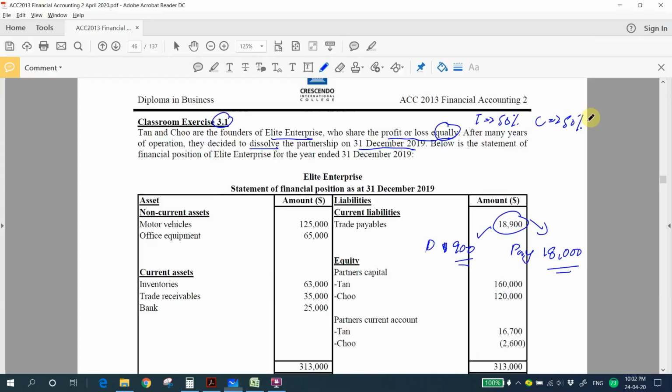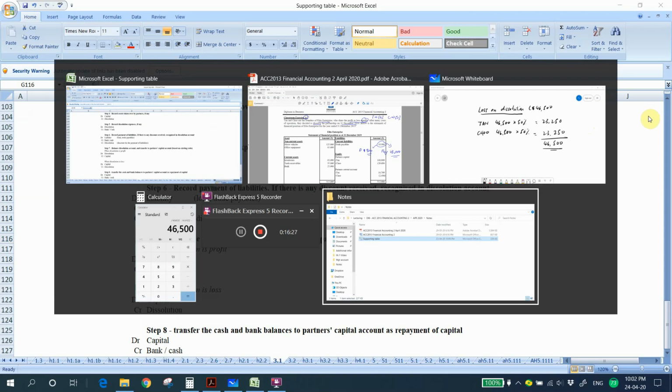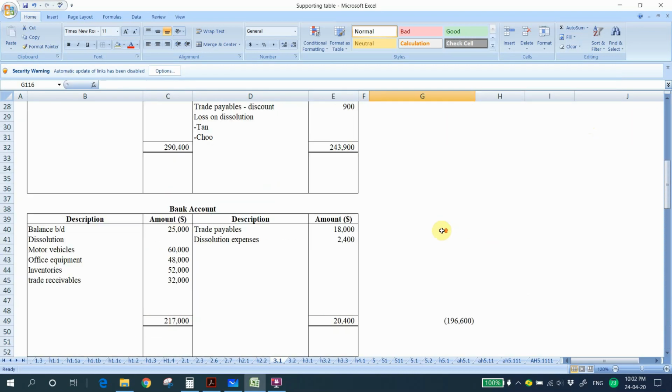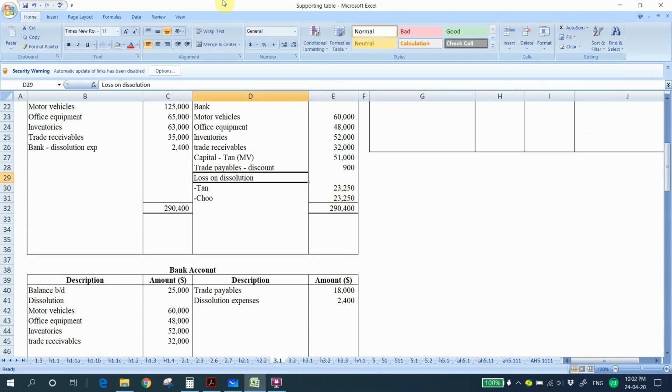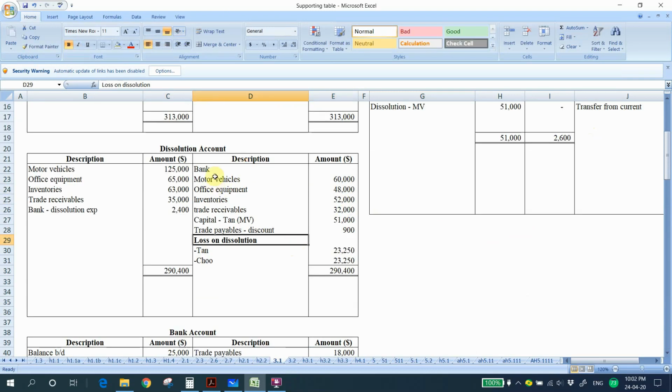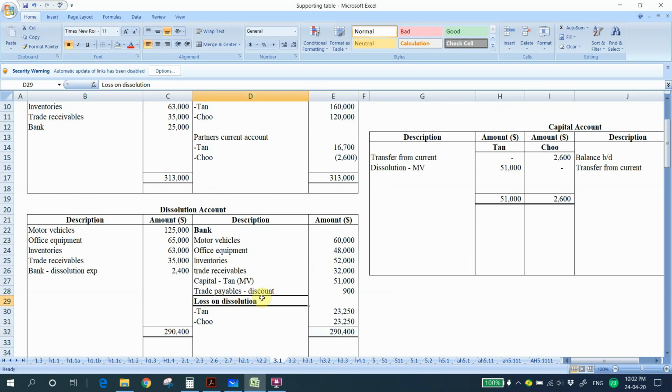So let's record. By doing so, we have balanced the dissolution account. We debit the dissolution account and credit goes to capital account.